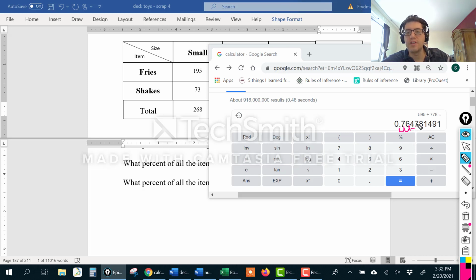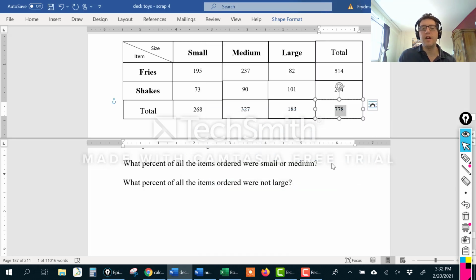The next digit over is a 7, which means this is going to get bumped up 1. So that 4 is going to become a 5. So 76.5% is our answer. Out of everything that was ordered, 76.5% of everything that was ordered was either a small or a medium item.